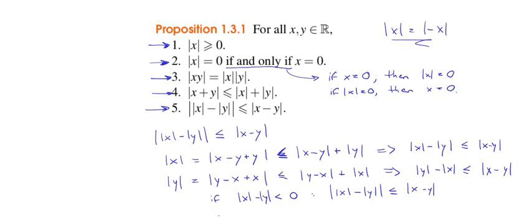And if |x| − |y| is greater or equal than 0, then this thing is going to be like this, which is also smaller than this. Okay, so we have proven these two parts.